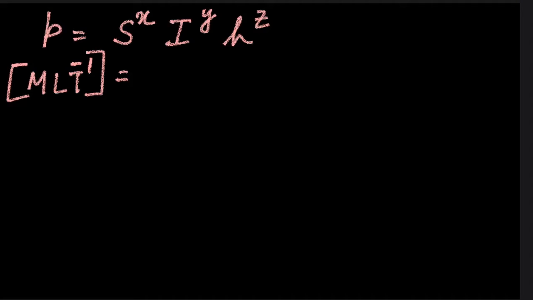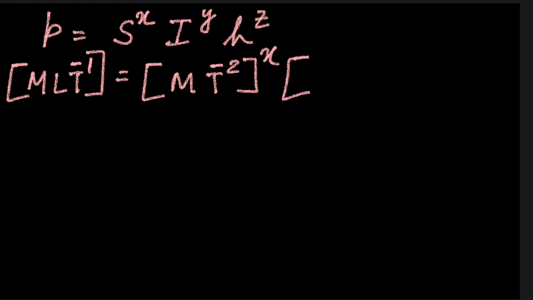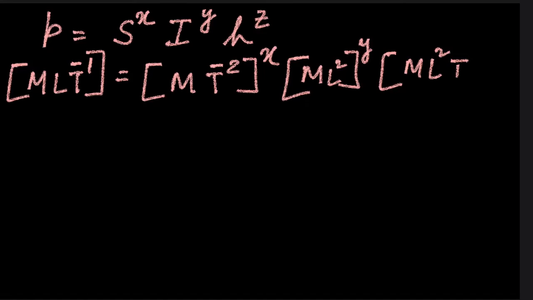Surface tension's dimension is M T to the power of minus 2, to the power of x. Moment of inertia is mass into distance square, so M L square. And Planck constant is energy by frequency, so the dimension will be M L square T to the power of minus 1, to the power of z.